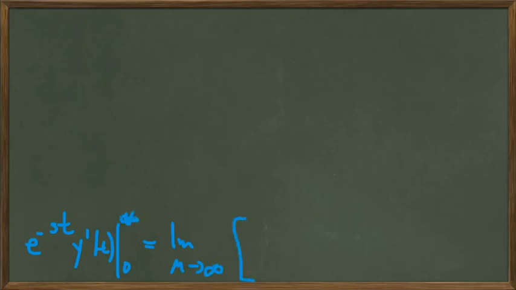So that's e to the minus st y prime of t between 0 and infinity, which is the limit as m goes to infinity of y prime of m over e to the s times m, and then minus y prime of 0 over e to the 0.